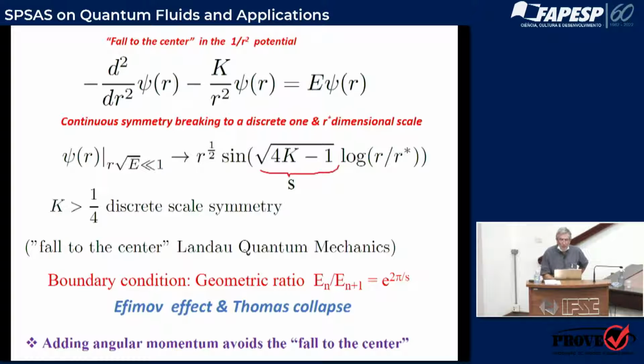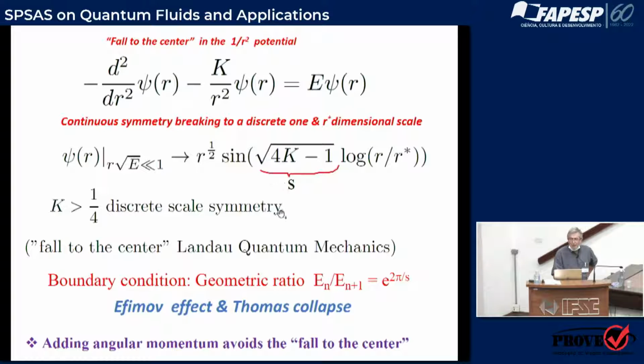And why does it collapse? Because your power gains an imaginary part, and you have the two solutions. Again, you need to introduce a boundary condition. And this is the kind of solution that you have.